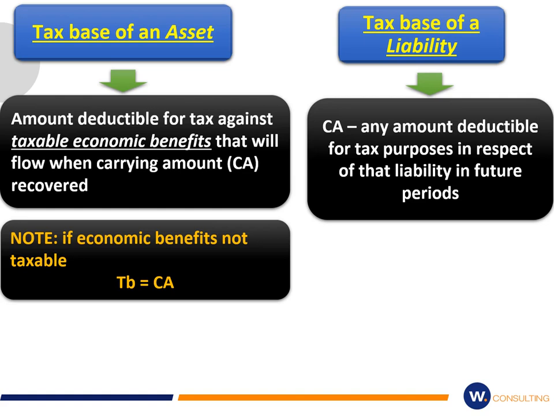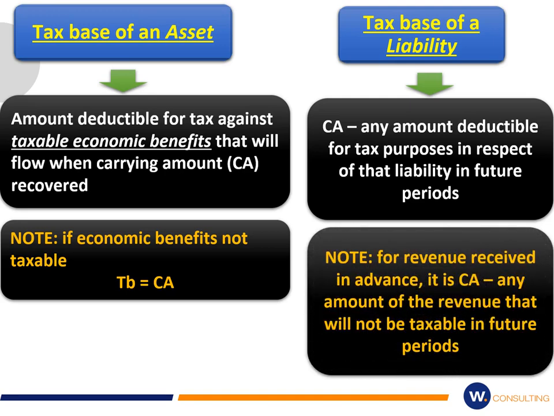If it's nothing, then we are going to be deducting zero, and therefore the tax base is going to end up being the same as the carrying amount. Or if we are saying that the full amount will be deductible, then we are saying the carrying amount less the full amount, which is again the carrying amount, will end up with a tax base of the liability of zero.